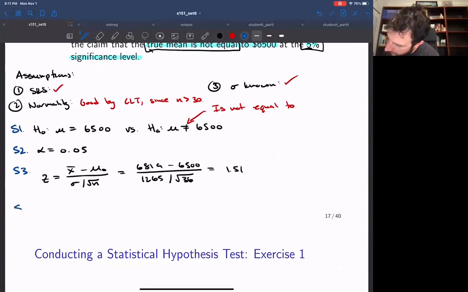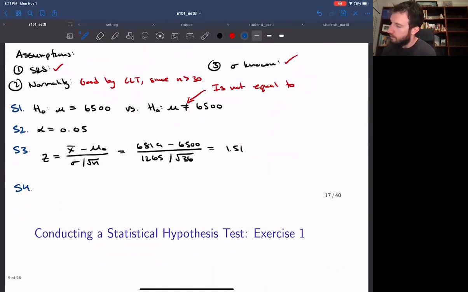Okay, now on step 4, we can take either the critical value approach or we can take the p-value approach. I'm going to just give myself a little more room here.